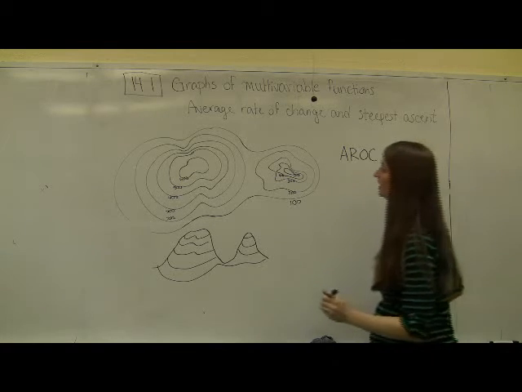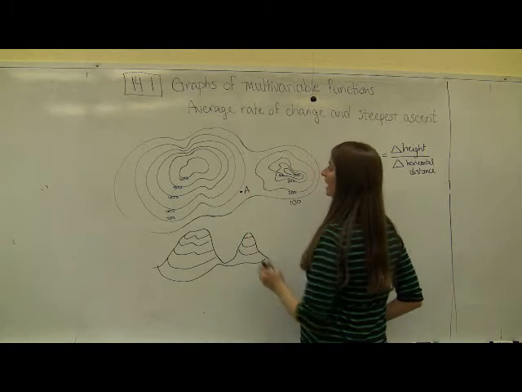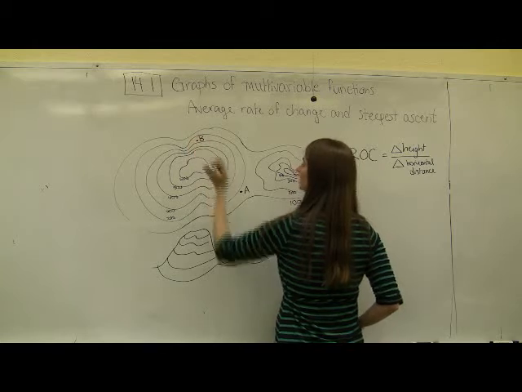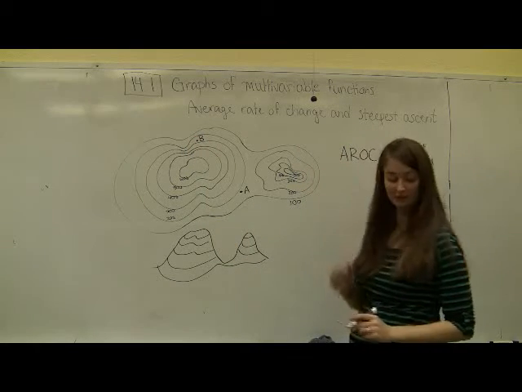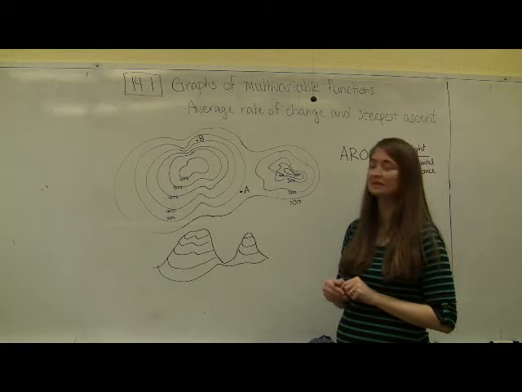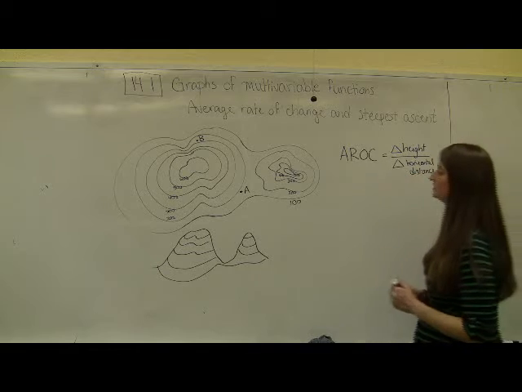For example, if I were over here at some point A, and I want to know the average rate of change as I go to a point B, really what I'm asking is what the change in altitude is, the change in height, divided by the change in horizontal distance.